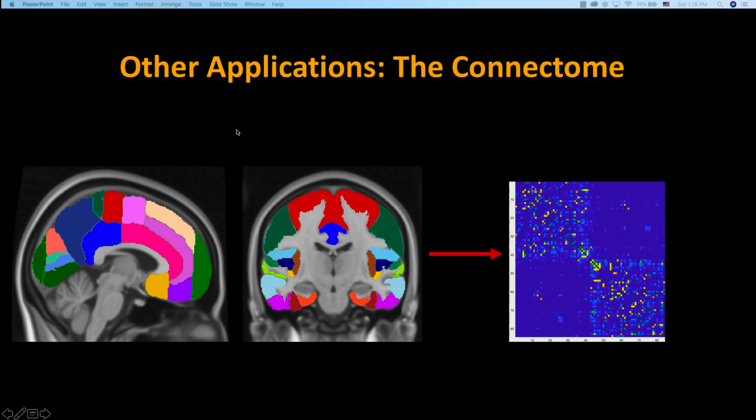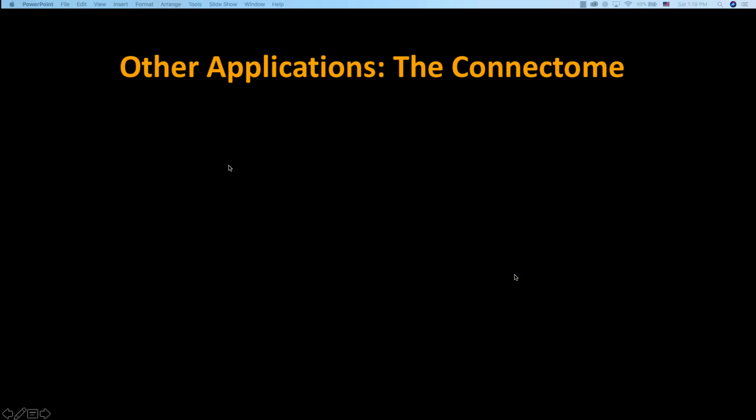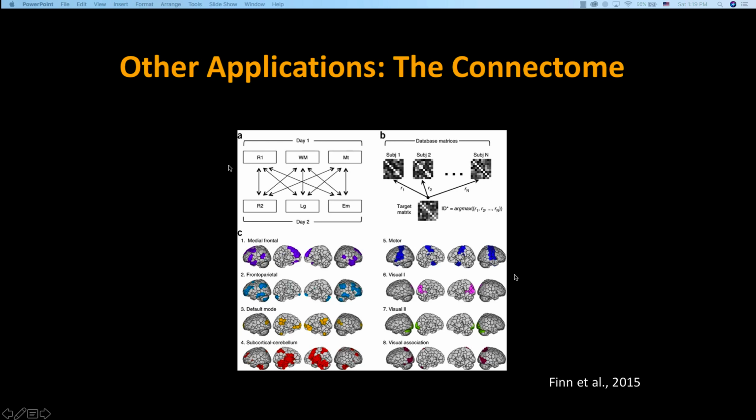I can't really zoom in on this, but what you would see is pretty clear differentiations between the hemispheres, for example. If I had different resolution, you could cluster different parts of the brain together, like the motor cortices, visual cortices, different parts of the brain like that. So brighter colors indicate stronger connections between these different ROIs. There's one more application you might see.